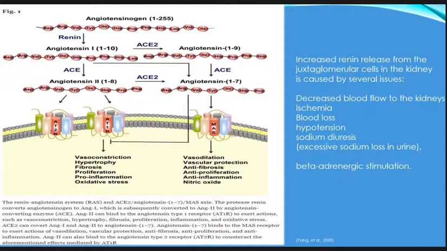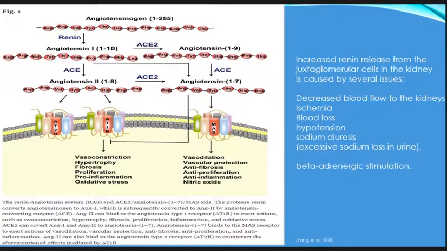Increased renin release from the juxtaglomerular cells in the kidney is caused by decreased blood flow to the kidneys from ischemia, blood loss, hypotension, sodium diuresis, or excessive sodium loss in urine, and beta-adrenergic stimulation.